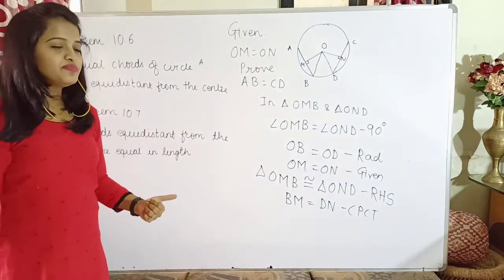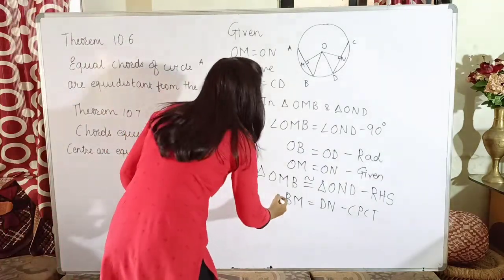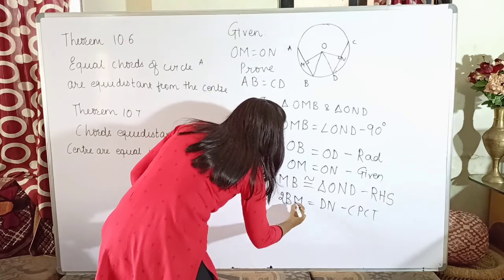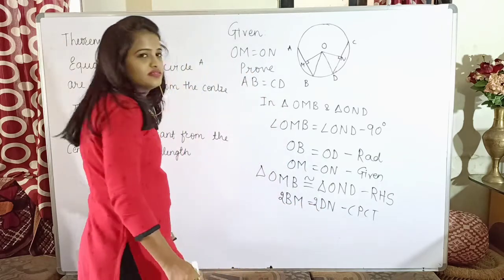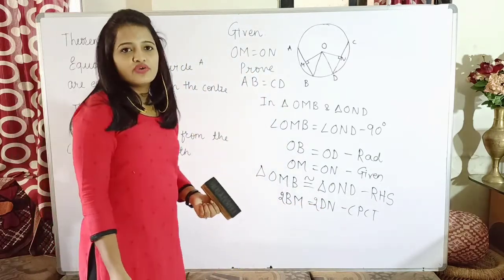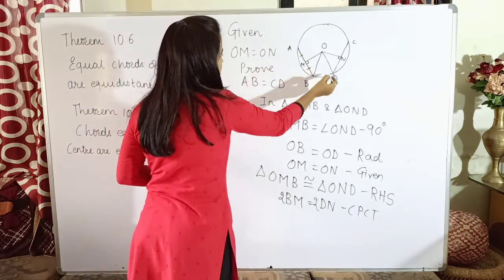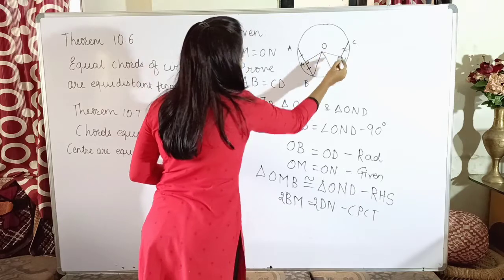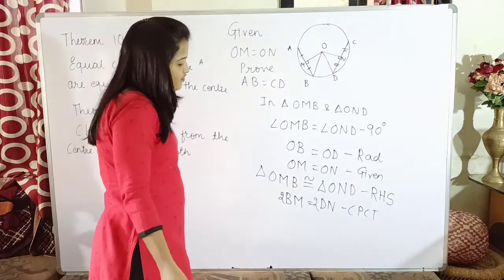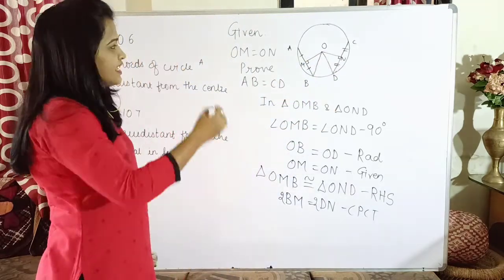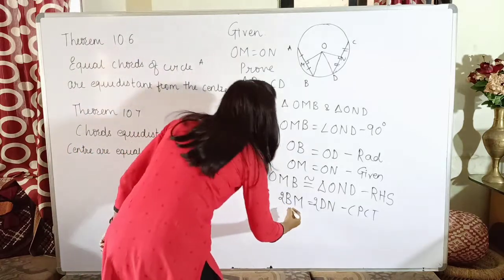But since BM equals DN, what if I multiply it by 2? So twice BM equals twice DN. Since it is a perpendicular, I already know that it is bisecting the chord. So length BM and AM are equal, whereas length DN and length CN are also equal. So if I take 2 times BM, can I replace that with AB? Yes.